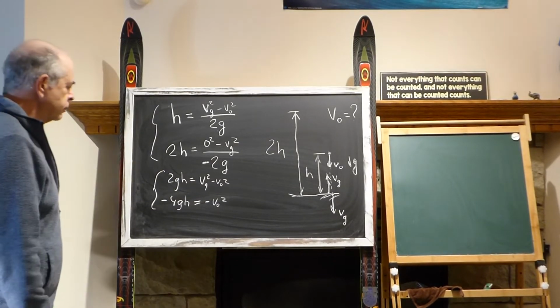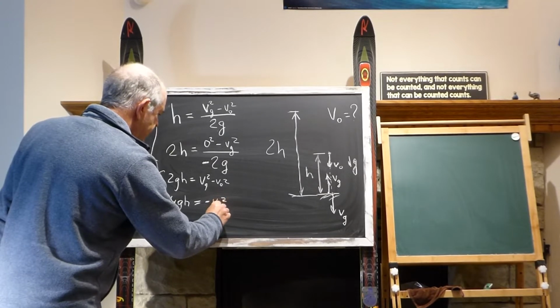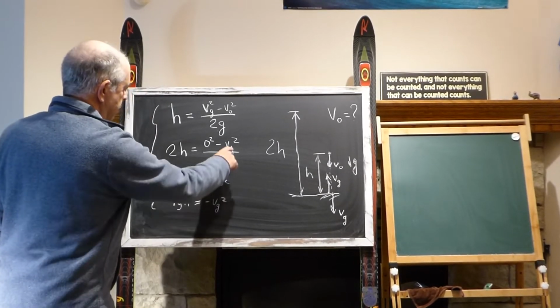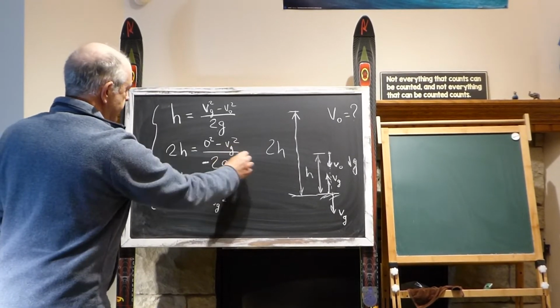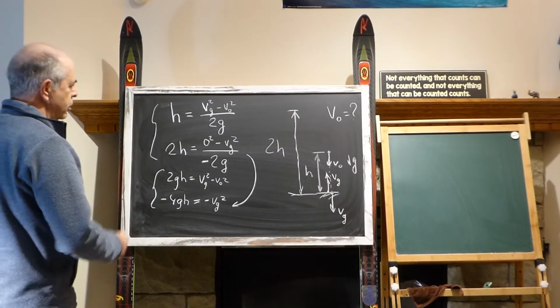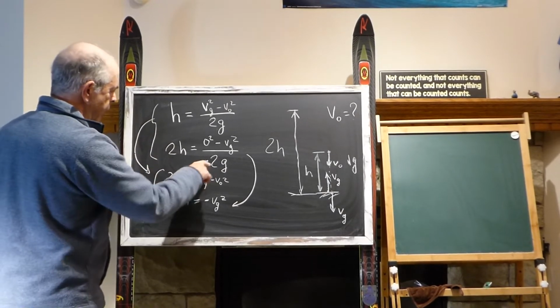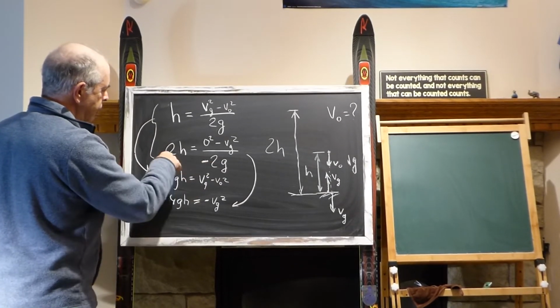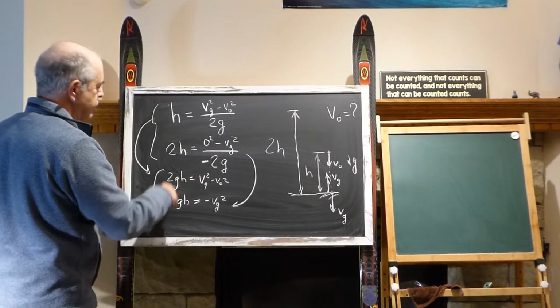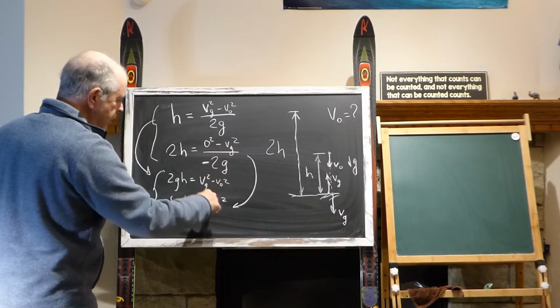And what I wrote wrong here: minus vg squared, right? I'm rewriting this equation here, and this equation, and obviously this is this equation. So once again, minus 2g, minus 2 by minus 4, gh equals minus vg squared.